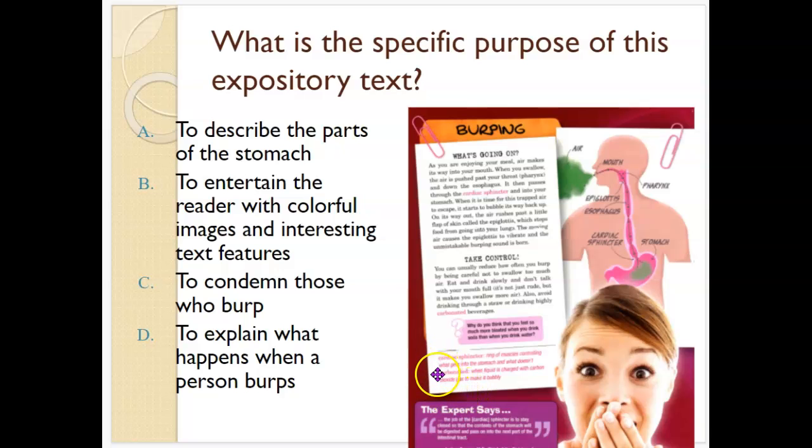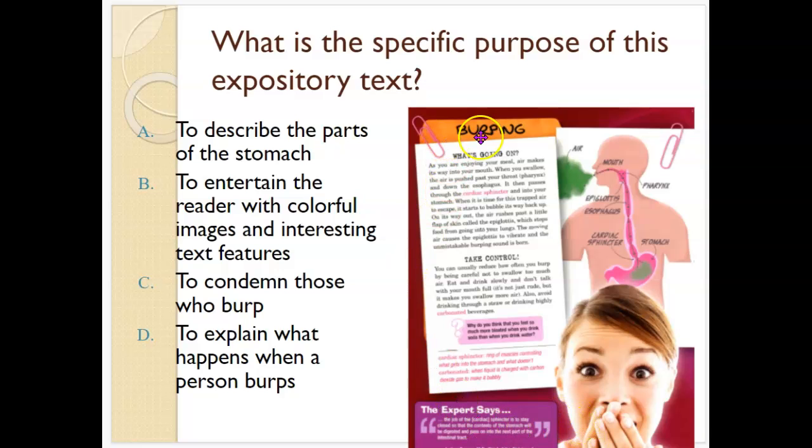Then it has definitions of cardiac sphincter, which is a ring of muscles controlling what gets into the stomach and what doesn't, and carbonated, when liquid is charged with carbon dioxide gas to make it bubbly. And then we have the expert says, the job of the cardiac sphincter is to stay closed so that the contents of the stomach will be digested and passed on to the next part of the intestinal tract.